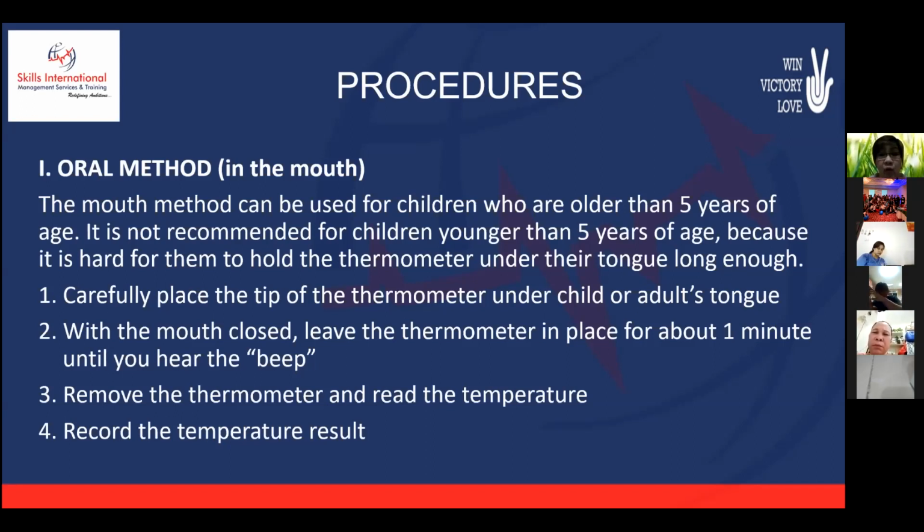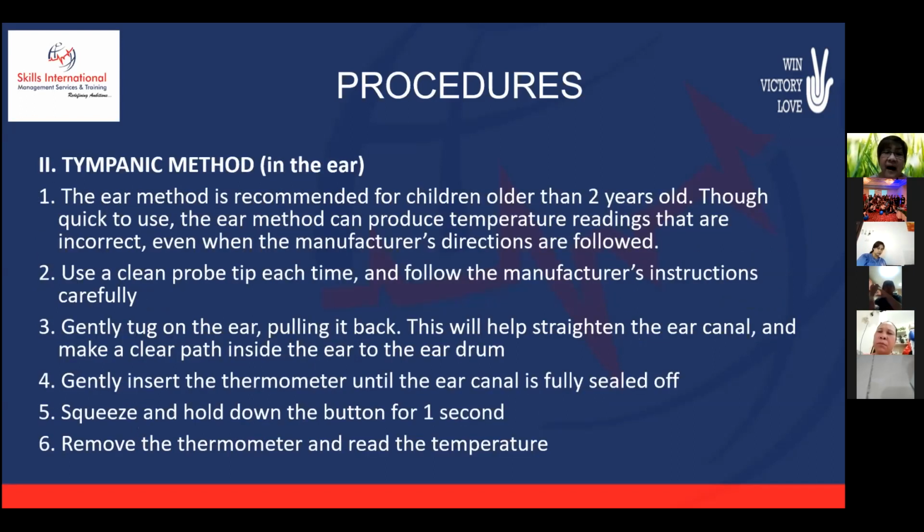Huwag nating huhulaan, okay? So number 2 is the tympanic method, which is taken by ear. So how to do it? The ear method is recommended for children older than 2 years old. Though quick to use, the ear method can produce temperature readings that are incorrect, even when the manufacturer's directions are followed.